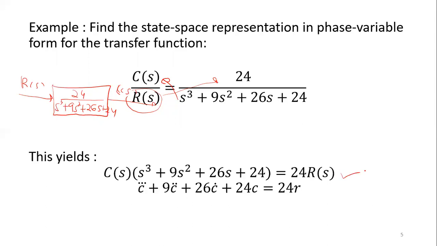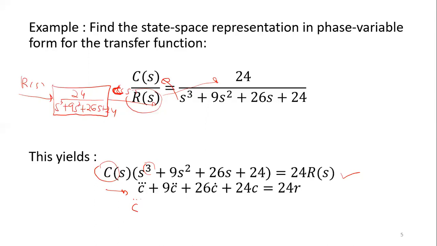The next step is we move towards transforming C(s) from the s domain into the time domain. Because this is s to the power of 3, you have C triple dot, which is represented by triple differentiation of the C signal, so the C signal is differentiated 3 times.